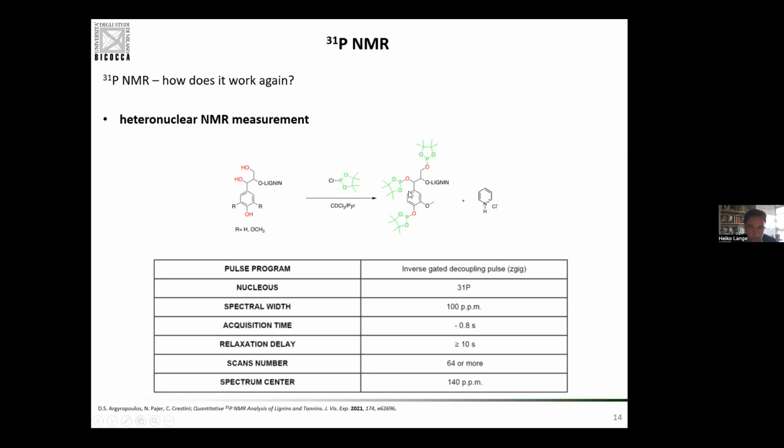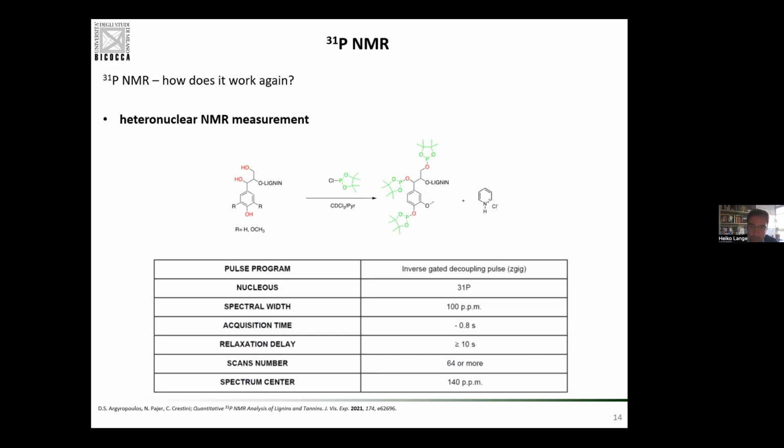First thing to do, therefore, obviously, is a functionalization of my lignin or of the polyphenol that I isolated. The functionalization is normally done in this field by this reagent here. This is a tetramethyl phospholan, and this molecule here, activated by the chloride that sits on the phosphorus, gives us practically a phosphorylation of all the OH groups, independent of the character of the OH groups.